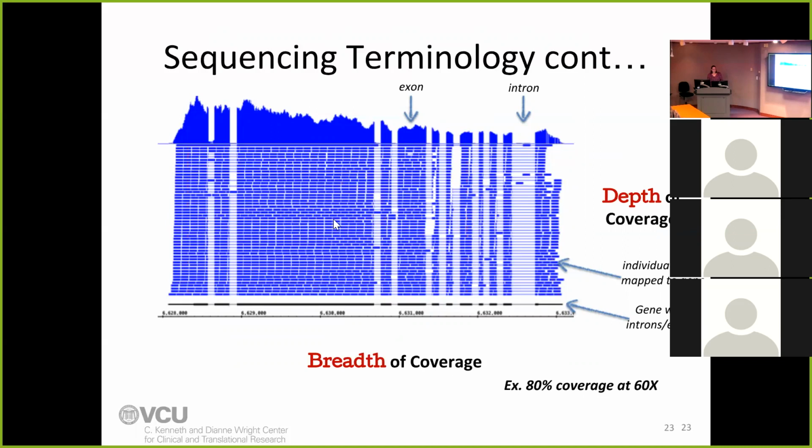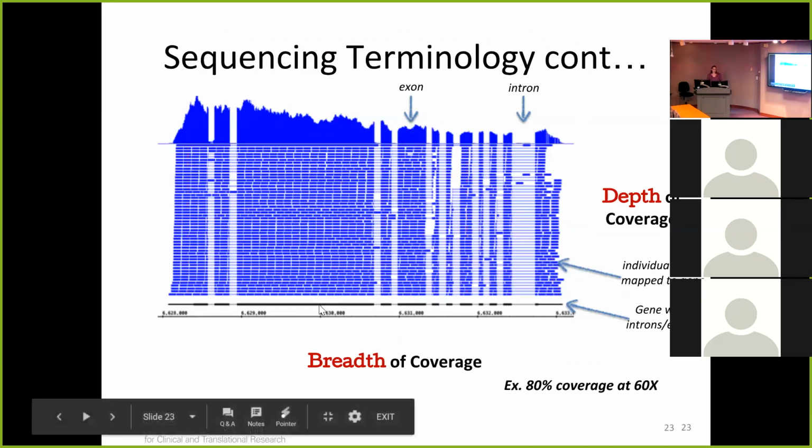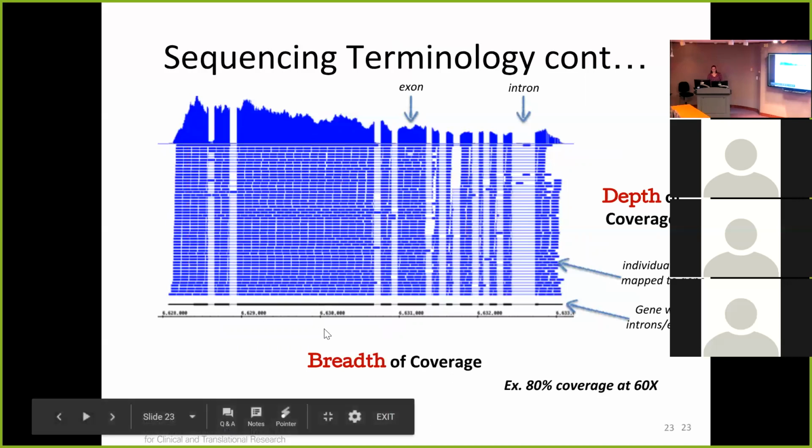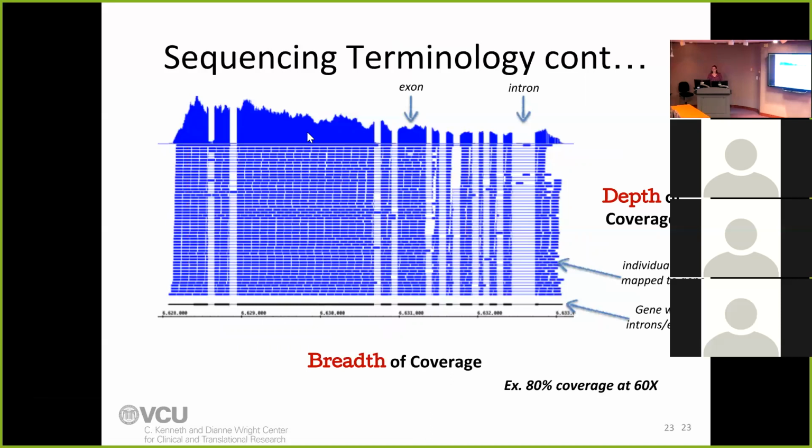Here, each of the little blue lines is a read from your sequencer, and depth of coverage refers to, given any genomic position, how many reads actually align to that position. So for example, if 60 reads align to a given position, that's termed 60x coverage. That's your depth of coverage.